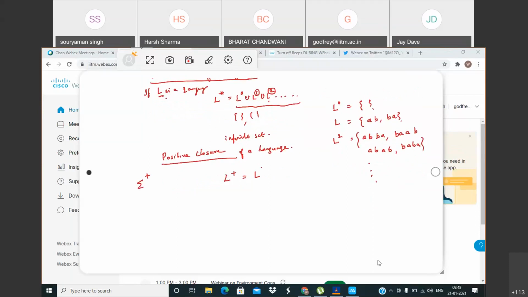It's going to be L star minus L power 0. So L plus is going to be L1 union L2 and so on. It's going to be of this order.